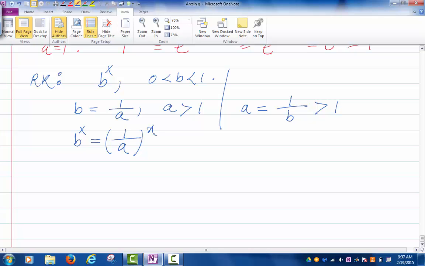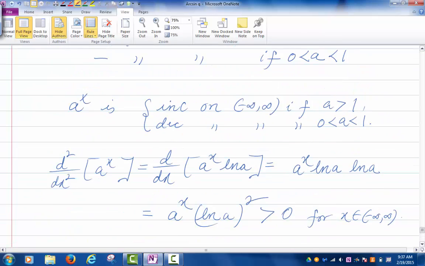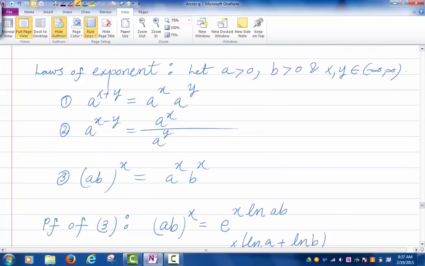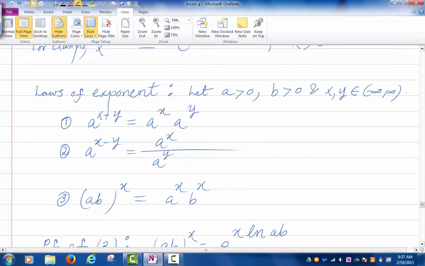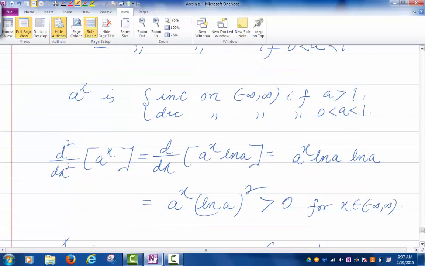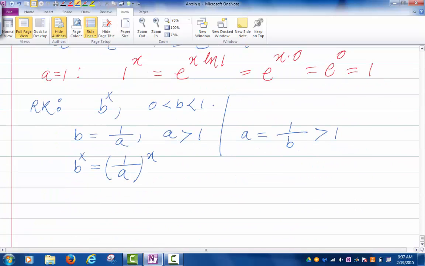Is everybody okay with that? Now, remember the power rules that we stated.